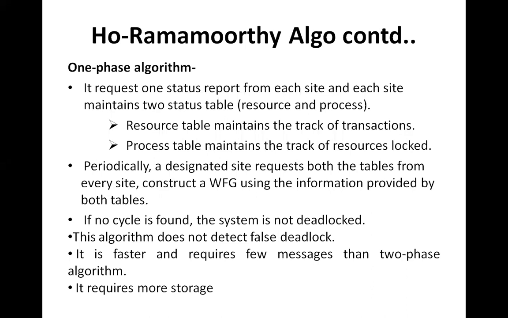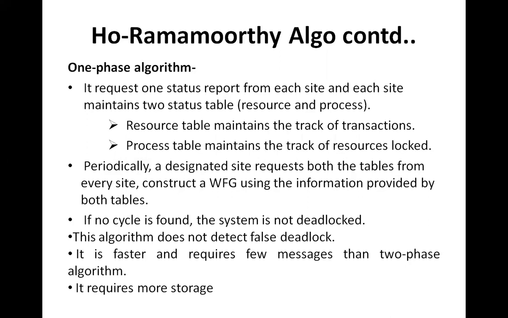For example, if the resource table maintained at a particular site S1 indicates that resource R1 is waited upon by a process P2, that is, P2 to R1, P2 has sent a request to R1 and has to wait because R1 is busy, allocated somewhere else.